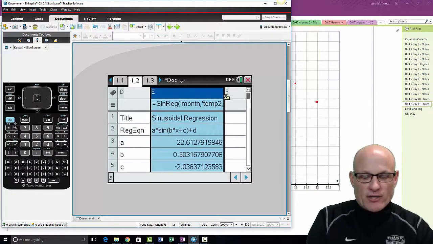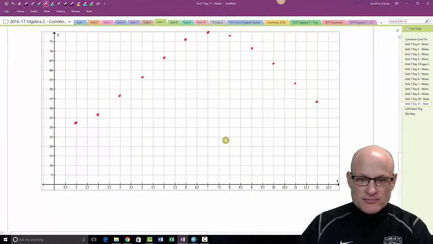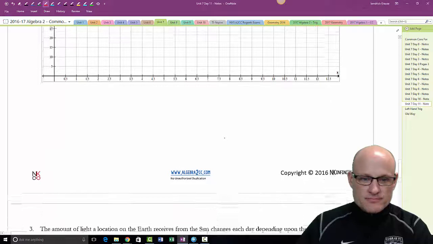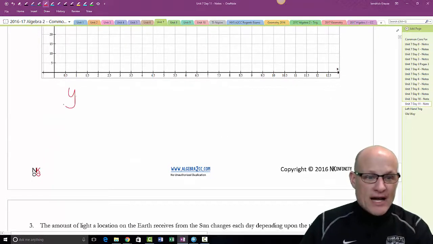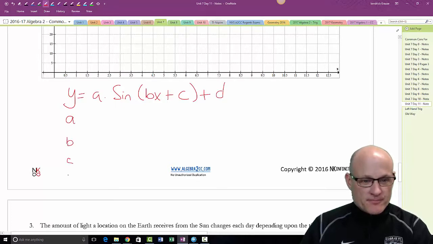There's my sinusoidal regression equation. So y equals a times sine of bx plus c plus d. This time it said round to the tenths place. All right, we'll round to the tenths place.